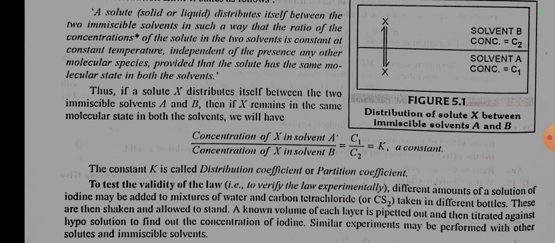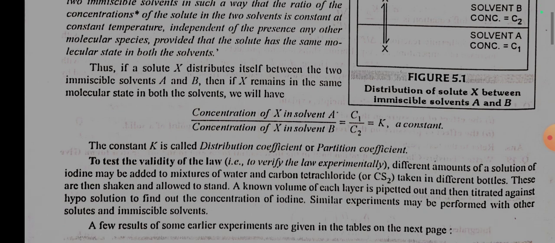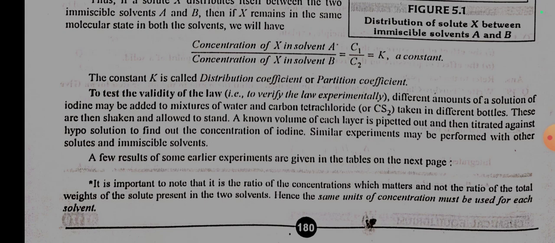Thus, if a solute X distributes itself between two immiscible solvents A and B, and X remains in the same molecular state in both, we will have concentration of X in solvent A upon concentration of X in solvent B equals C1 by C2 equals K, a constant. The constant K is called the distribution coefficient or partition coefficient.